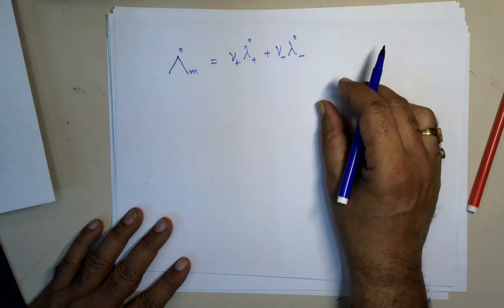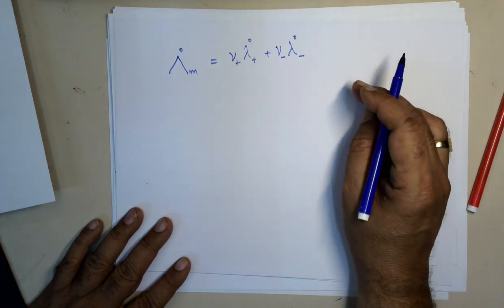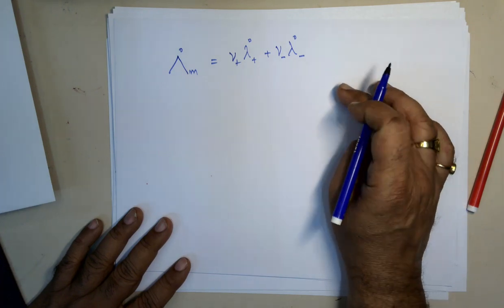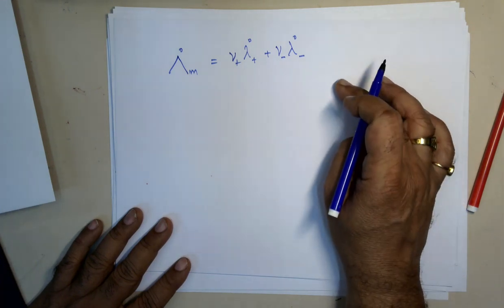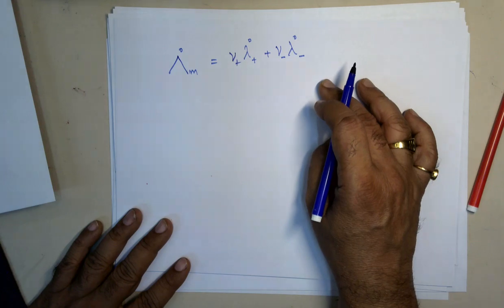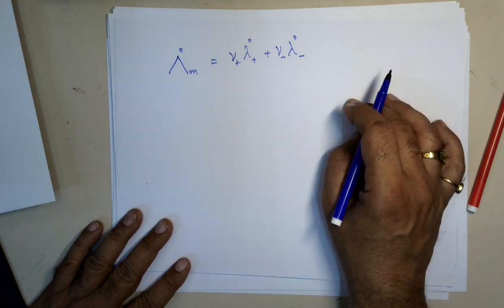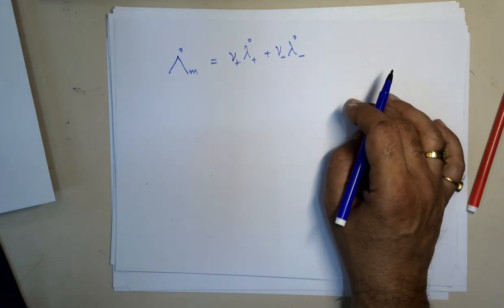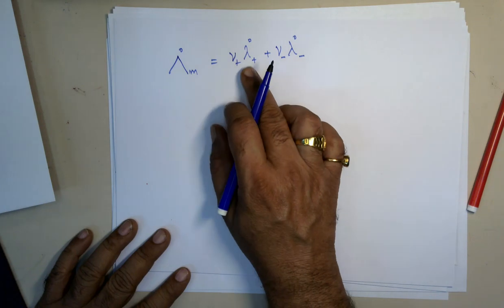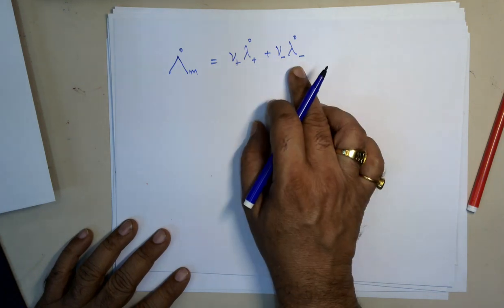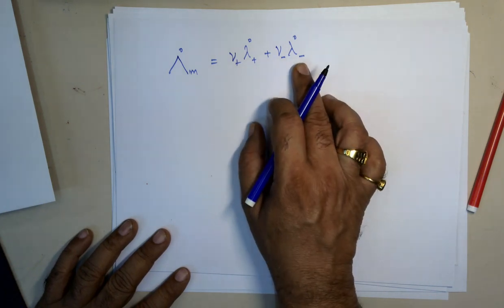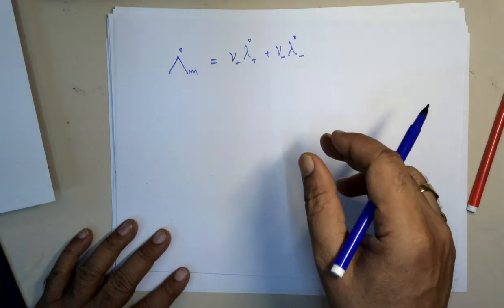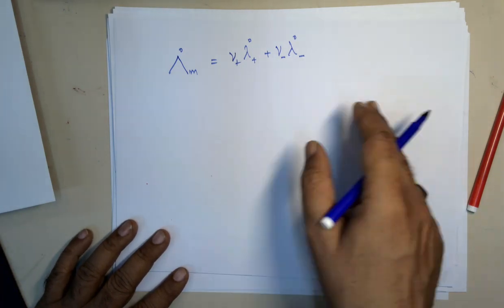For example, if you have got CaBr2 or CaCl2, in that case, calcium is 2 plus, so you can put 2 plus here, but here it is 2 minus, is it not? So 2 into Cl minus. Likewise, you have to put.